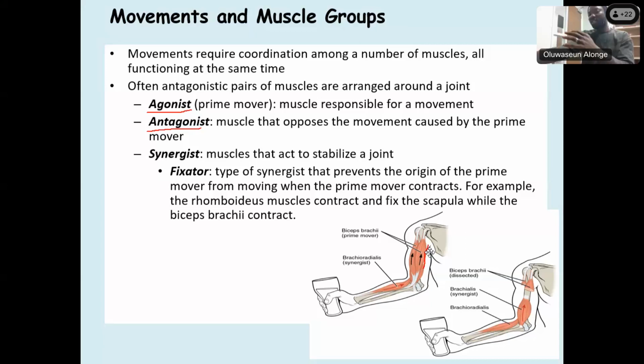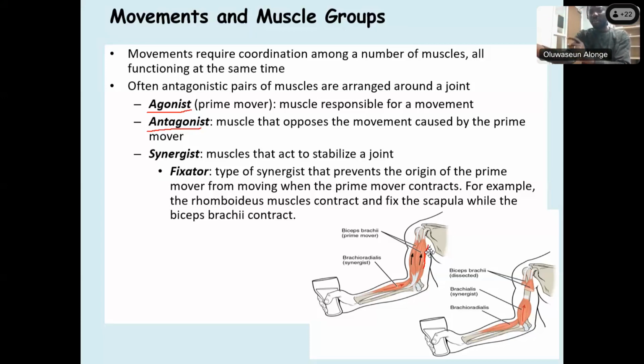Now, when you are contracting this bicep here, this also contracts. If you touch it, you will notice that as this hardens, this also hardens. So what is happening? This brachioradialis is helping. Why is it called brachioradialis?